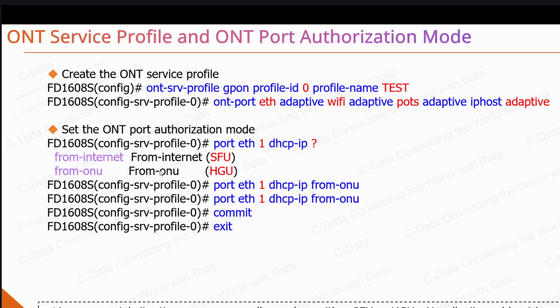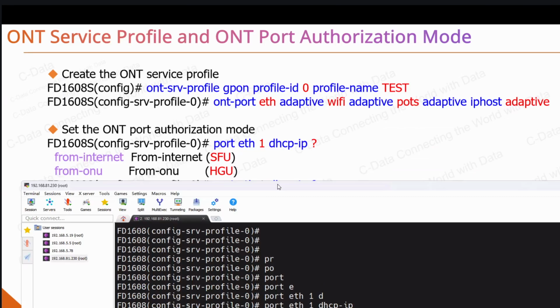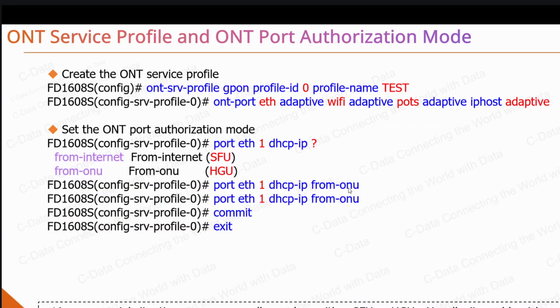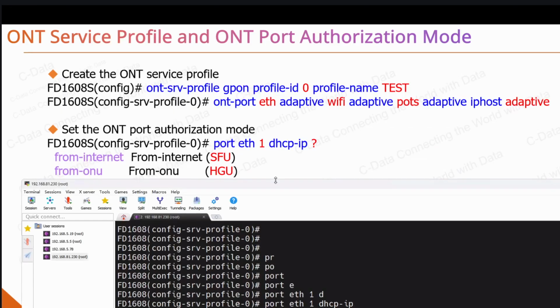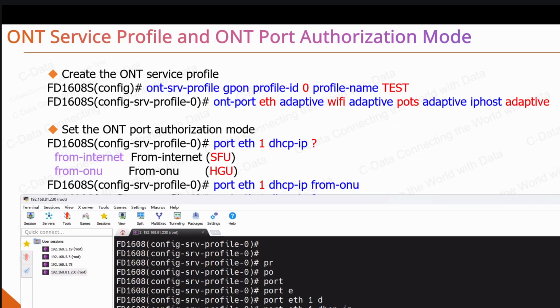So that means this ONU is working in the home gateway mode because it has the DHCP function. So if I select this one, that means the ONU's DHCP server is working. So now I select it, from the ONU.